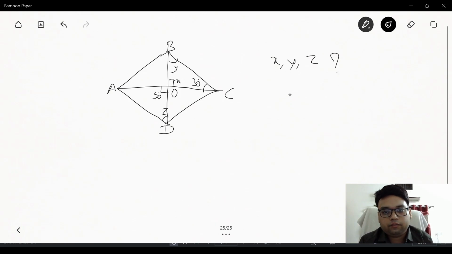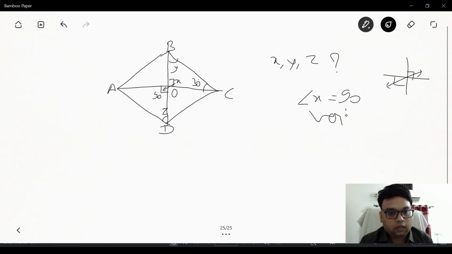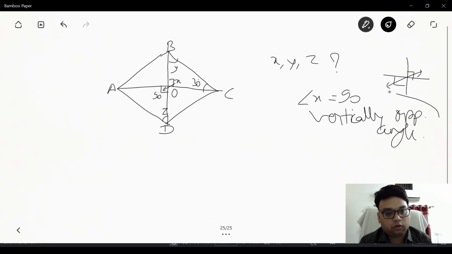If this one is 90 degrees, then this one is vertically opposite, so angle x is equal to 90 degrees. Why? Because the vertically opposite angle property was used here.